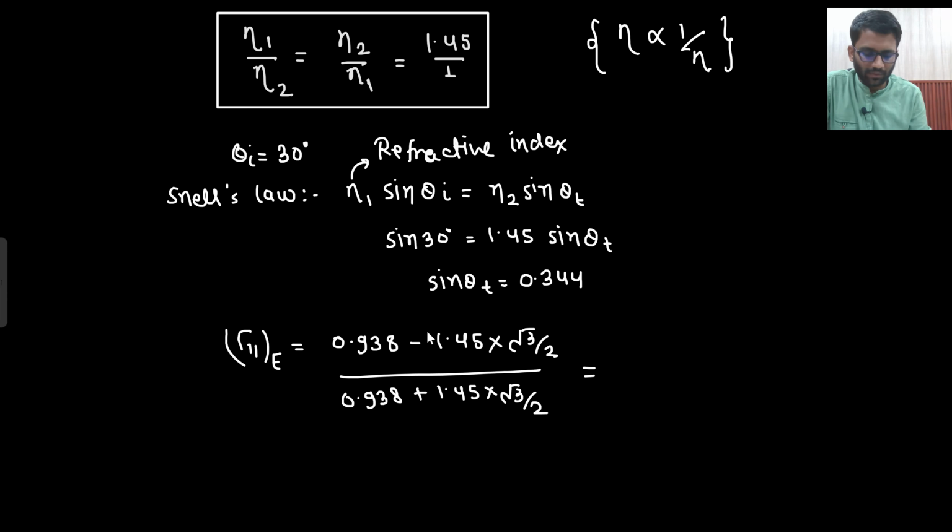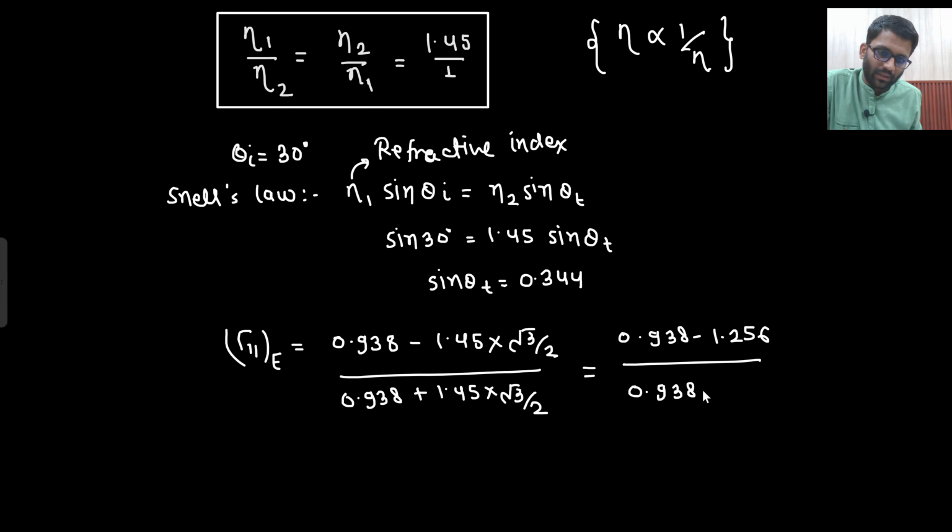Root 3 by 2 into 1.45 is 1.256. So 0.938 minus 1.256 divided by 0.938 plus 1.256. Okay, so this is what we are getting, minus 0.145.